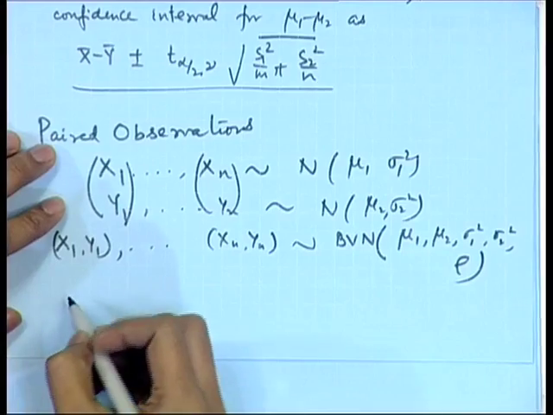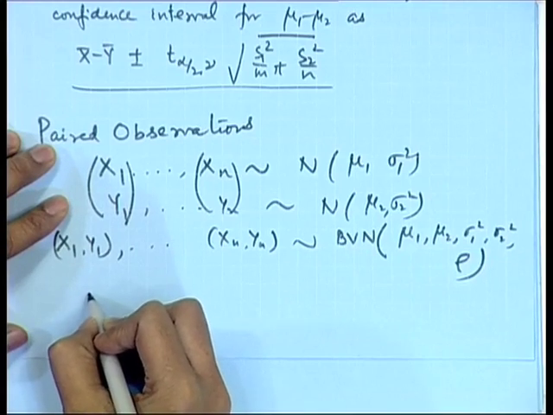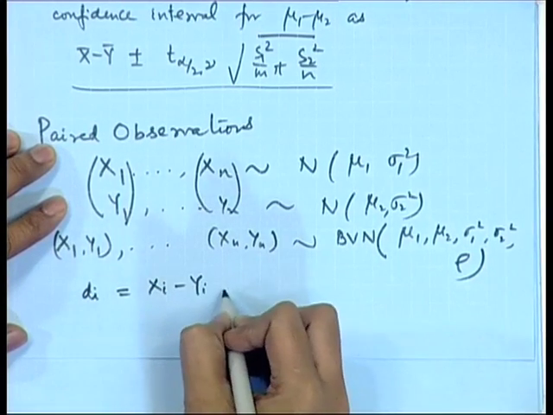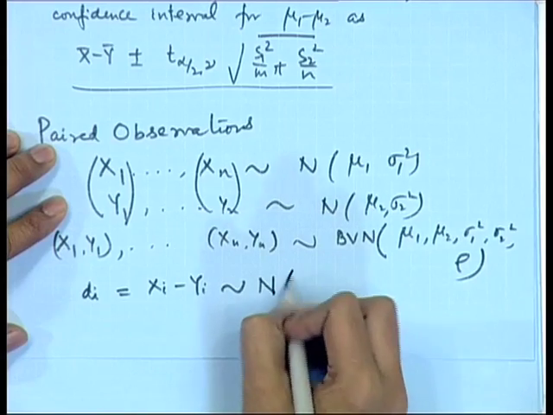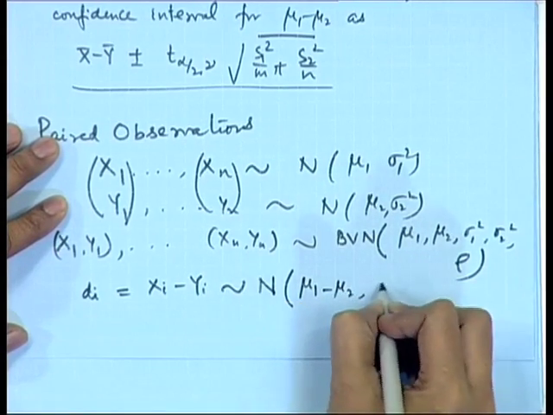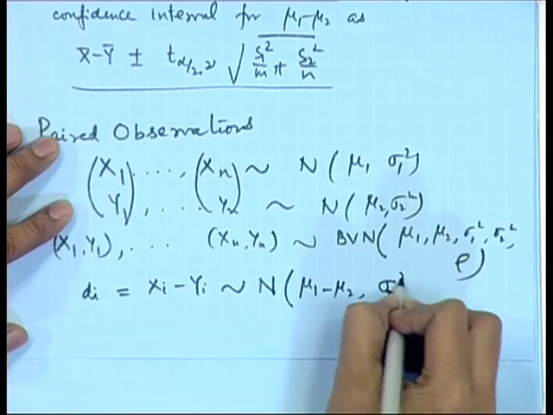So if I make use of the observations d_i equal to x_i minus y_i, then that will follow a normal distribution with mean mu1 minus mu2 and some variance, let me call it sigma d square.